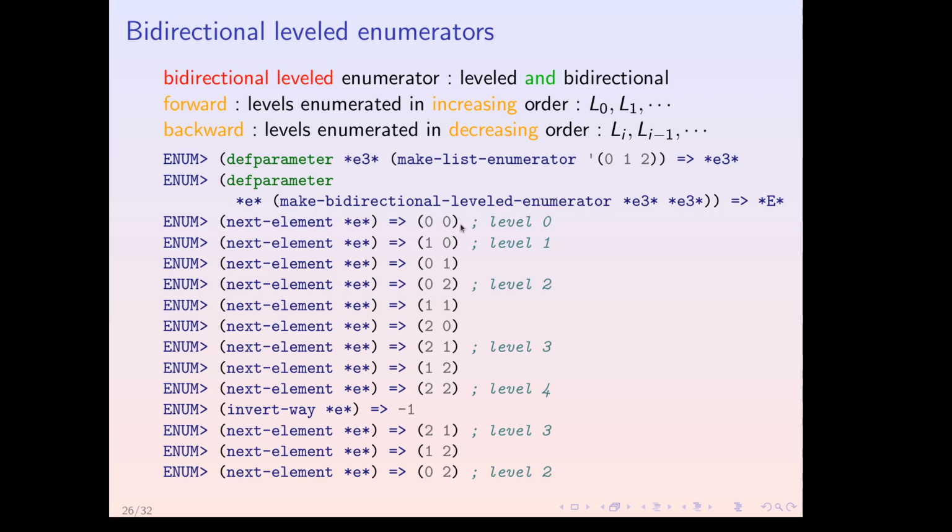I do first level 0, then level 1, all tuples, 1, 0 and 0, 1 is level 1, then all of level 2, and level 3, and until here, and level 4, is where I change the way I will start enumerating the levels in reverse order, so level 3, then level 2, then level 1, then level 0. But inside the level, you see it's the same order. Here we have level 3, 2, 1, 1, 2, and here level 3, 2, 1, 1, 2, although we are going backwards.